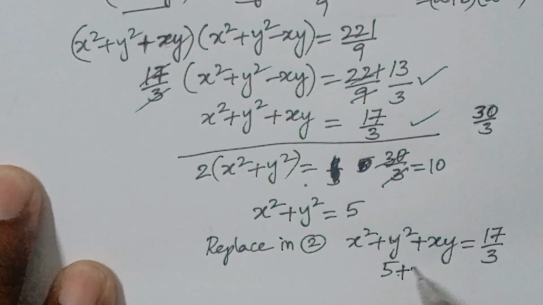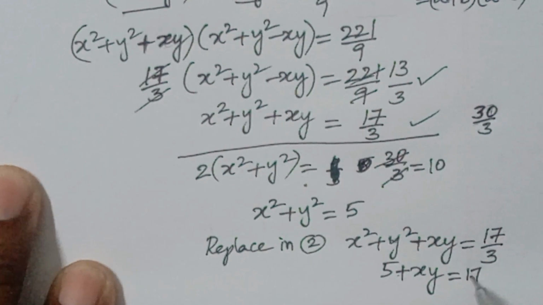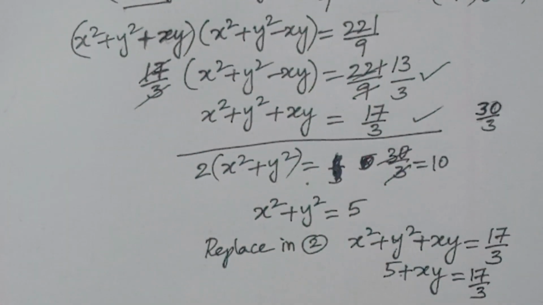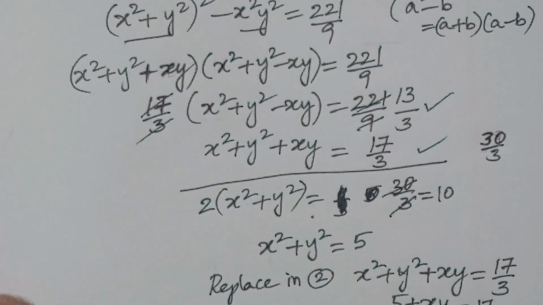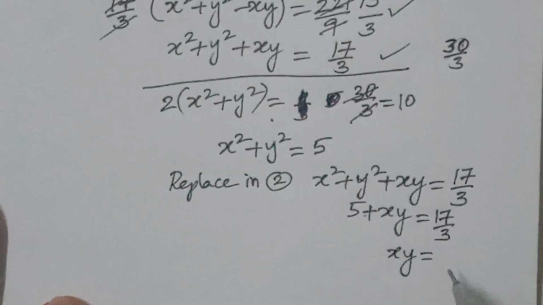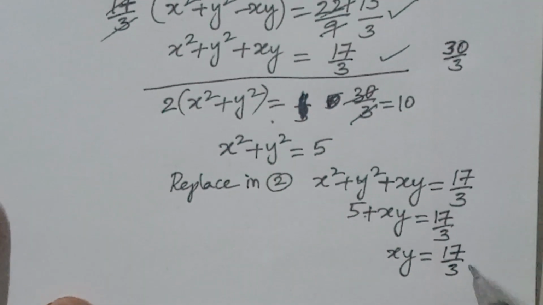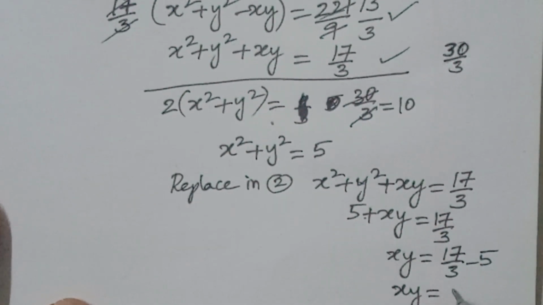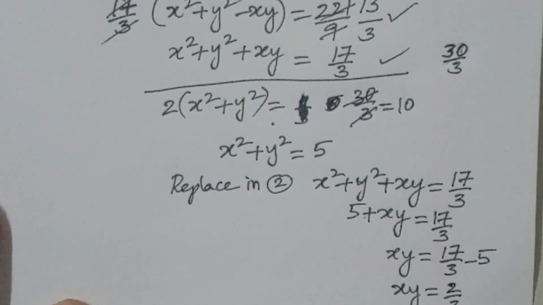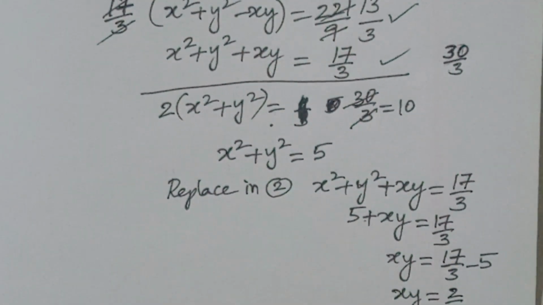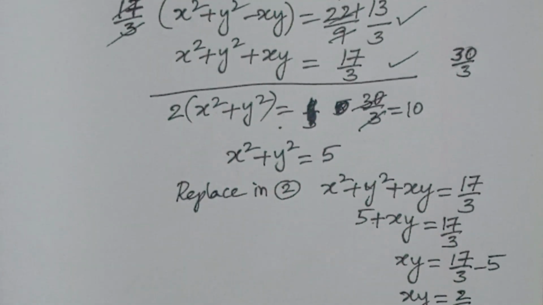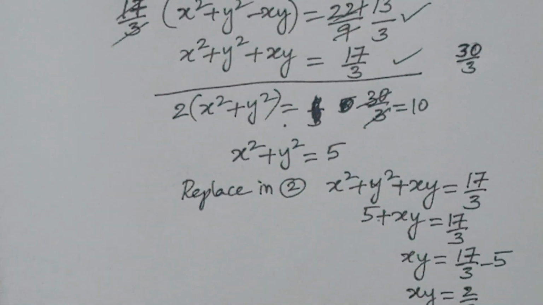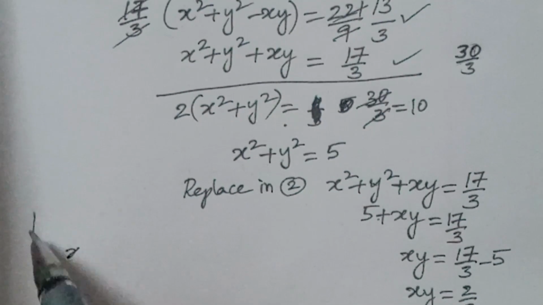So 5 plus xy is equal to 17 by 3. xy is equal to 17 by 3 minus 5. So xy is equal to 2 by 3. So the xy value is 2 by 3 and the x square plus y square value is 5.